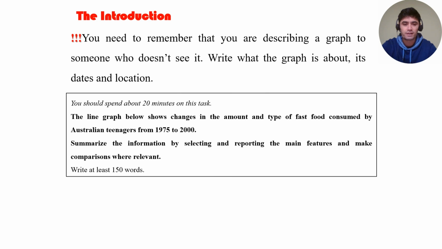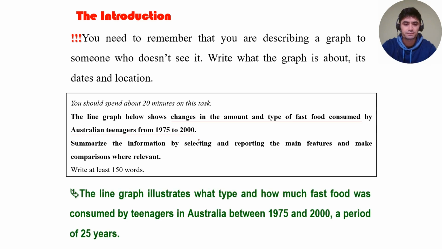Now let's take a look at this question about one type of graph. So here you can see it says the line graph below shows changes in the amount and type of fast food consumed by Australian teenagers from 1975 to 2000. So the main part starts from here: changes in the amount and type of fast food consumed by Australian teenagers from 1975 to 2000. Now let's look at how I've paraphrased this question.